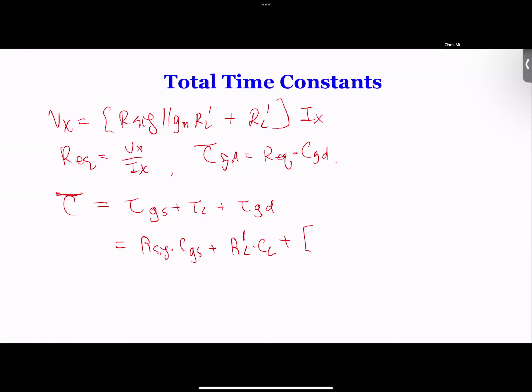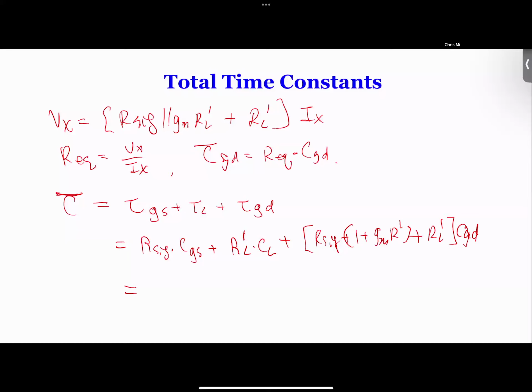The final term is going to be RSIG times 1 plus GM RL prime, plus RL prime, times CGD. Now, the reason I want to write this is that after you write the three terms together, you find that RSIG is in this equation as well. So we want to move the terms that are similar and combine them.